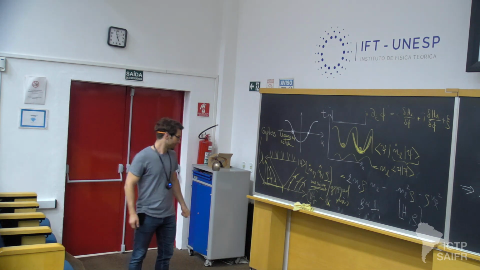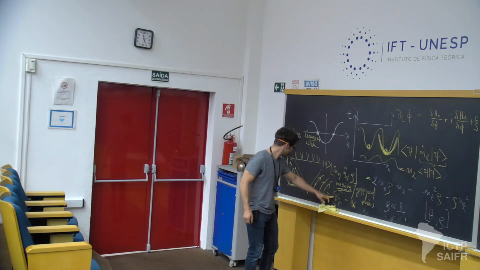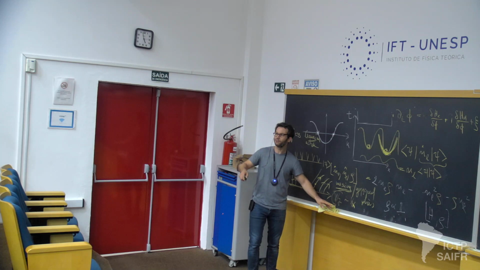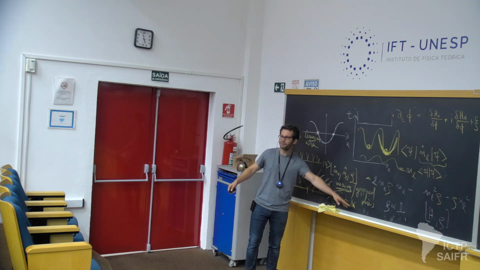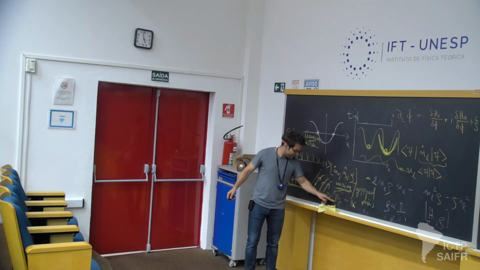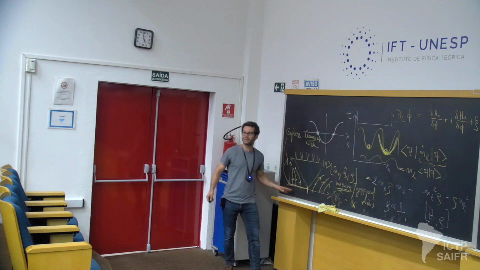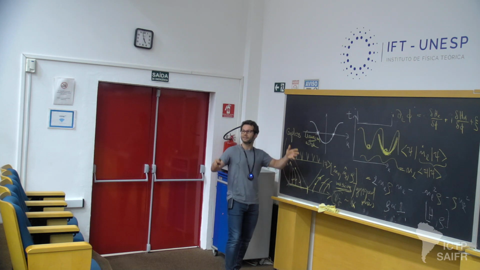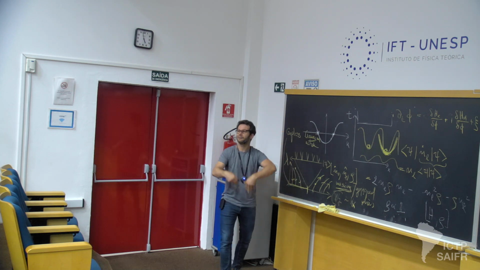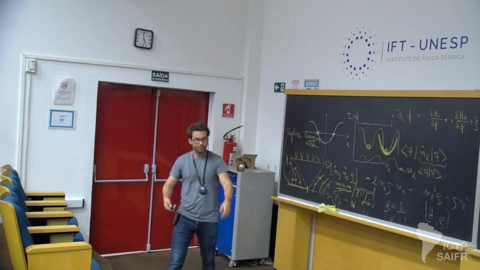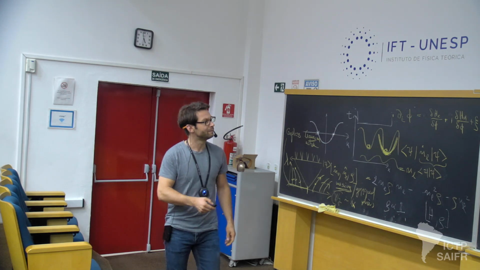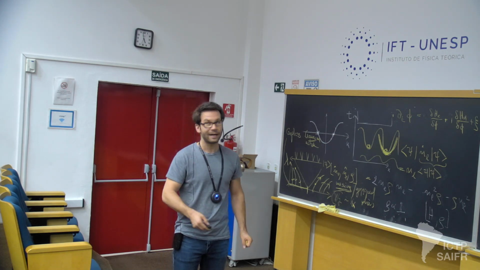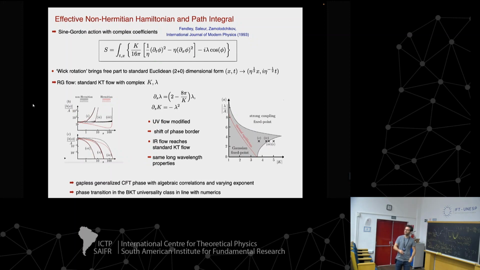At small gamma, it's more intuitive in these variables. Maybe this is K or 1 over K, I think it's 1 over K. But it's clear that it must have to do with this gamma over J. So with weak measurement, the nonlinearity is irrelevant, and we end up in a gapless phase. With strong measurement, a gapped phase. And that is totally in line with what I've shown you already numerically, so that there's really an emergent Kosterlitz-Thouless behavior in this problem.